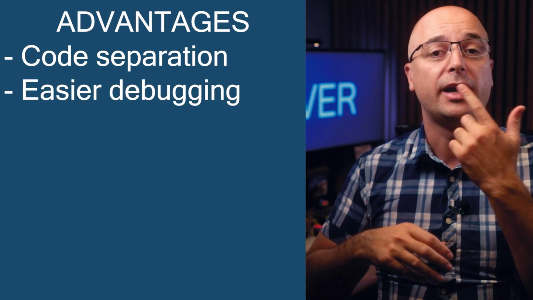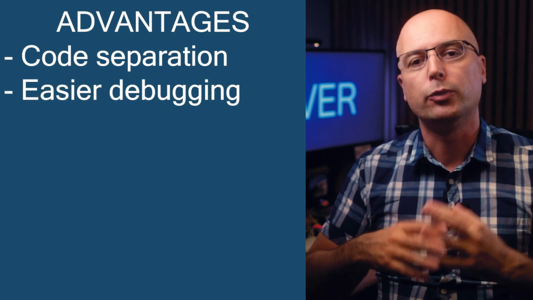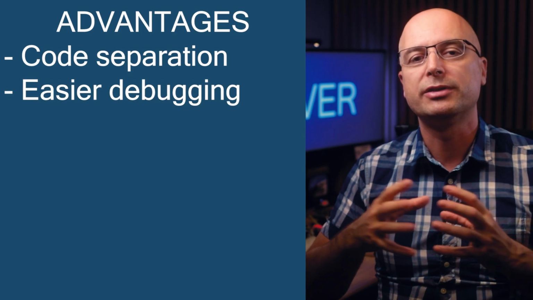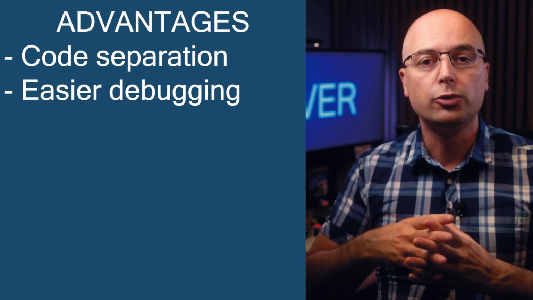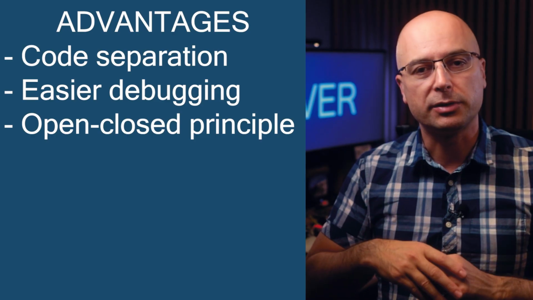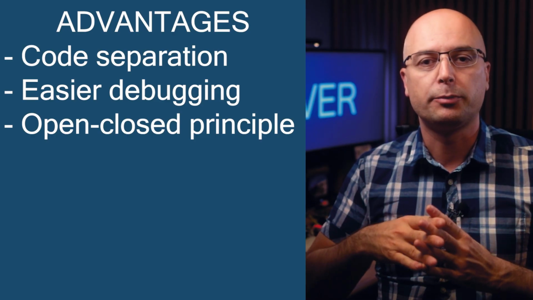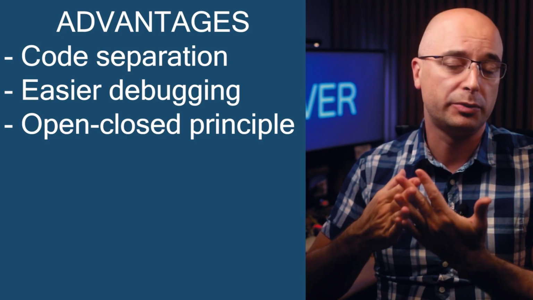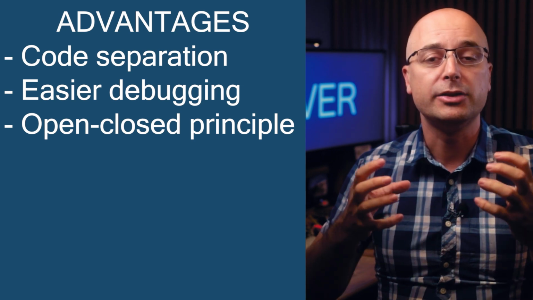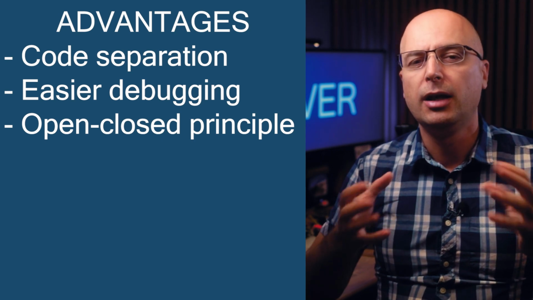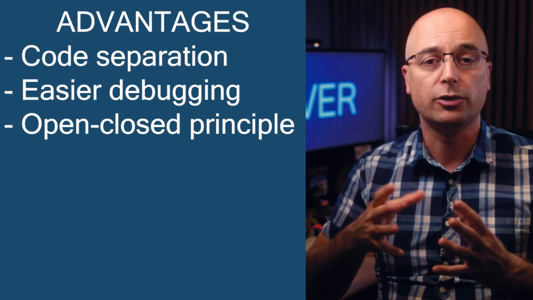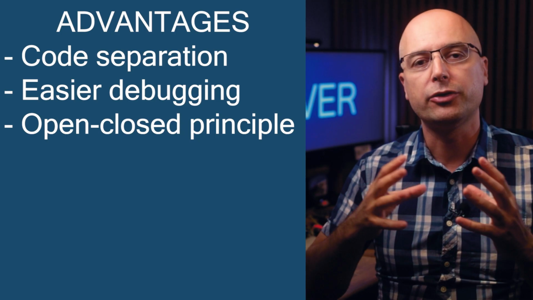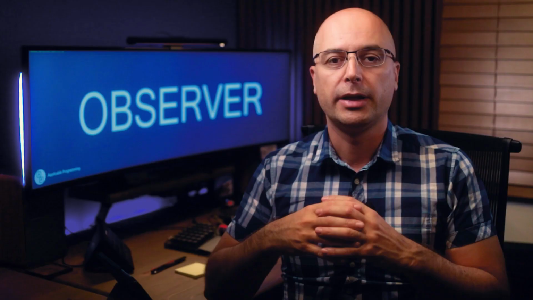This makes developing and debugging very easy, when used correctly, of course, because our code is very decoupled, very separated. We're also following the good practice of the open-closed principle, one of the SOLID design principles, which states that software entities should be open for extension but closed for modification, meaning that we can extend the functionality of our application without actually changing its code.